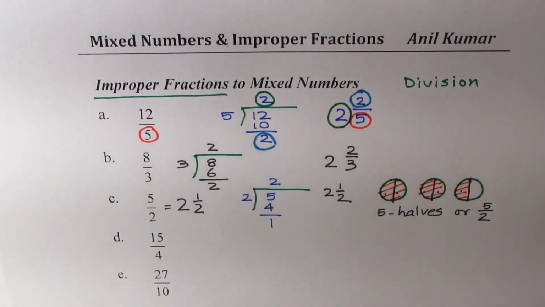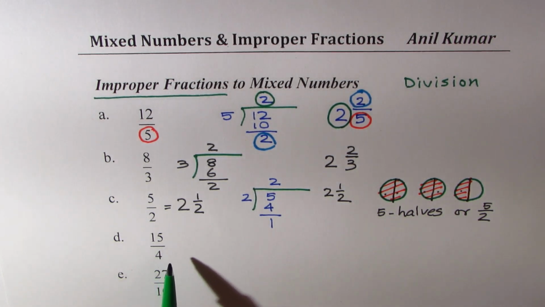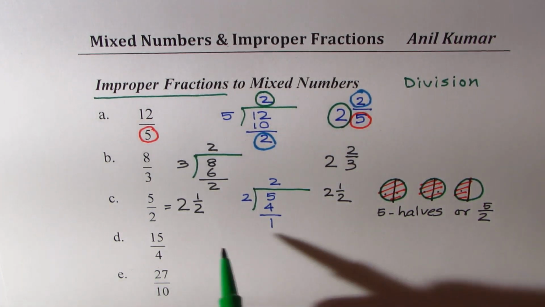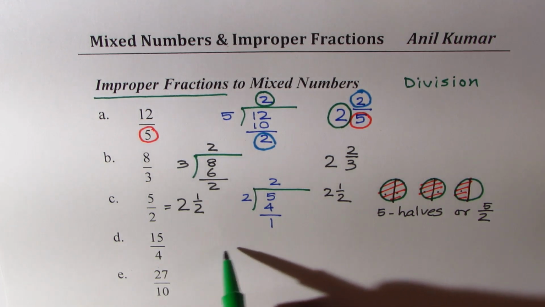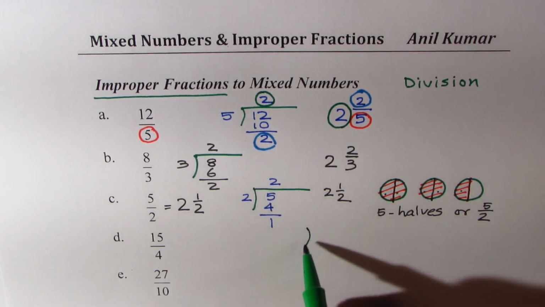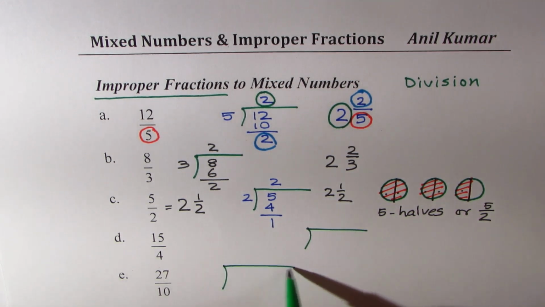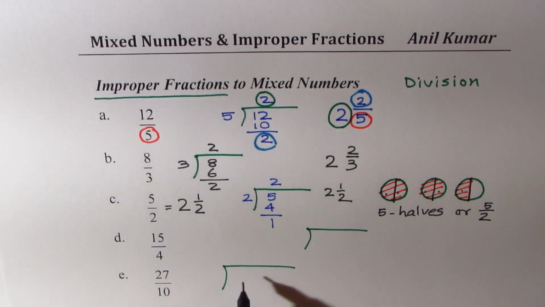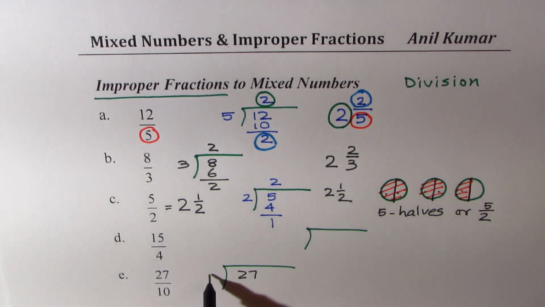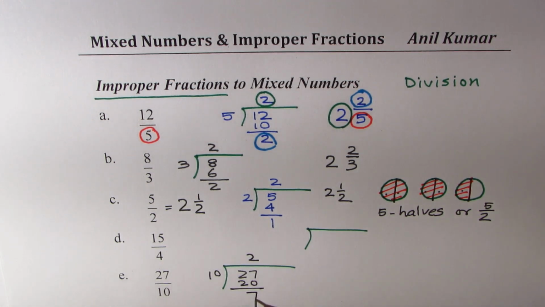Now these two are your practice questions. You can pause the video, write them in mixed numbers, and then check with my solution, which is very simple. We are just going to divide 15 by 4, and in this case we'll divide 27 by 10, right? So if I divide 27 by 10, it goes 2 times and the remainder is 7.